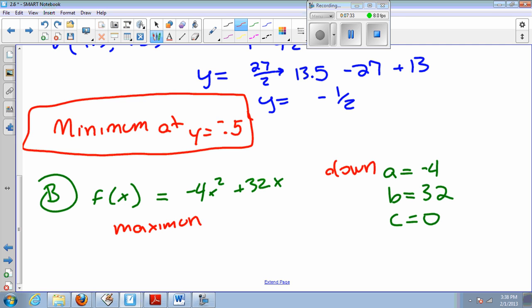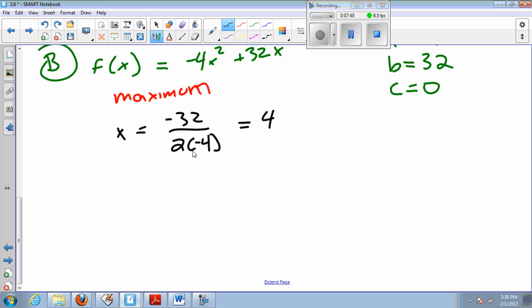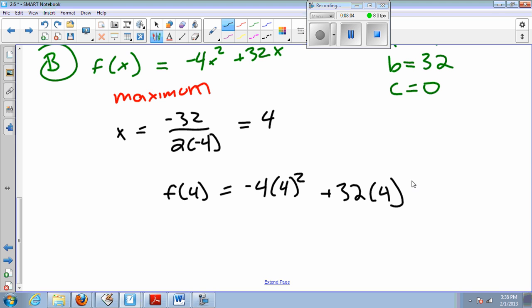So now we need to find where it occurs by finding the vertex. X goes negative 32 over 2 times negative 4, and that simplifies down to 4. So plug in 4 for x. F of 4 goes negative 4 times 4 squared plus 32 times 4.